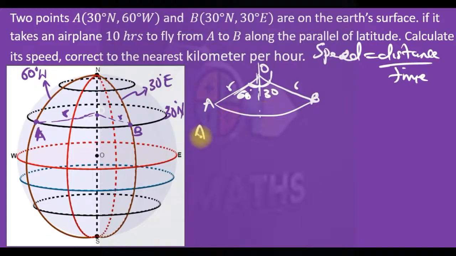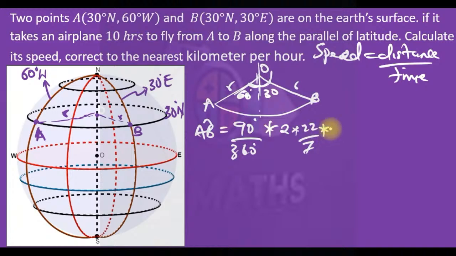To calculate AB is very simple now. The angular difference is 90 degrees. So it is 90 over 360 times 2 pi r, times 22 over 7 times small r. Remember, I told you small r is big R cos phi, where phi is the common latitude. I proved it here.